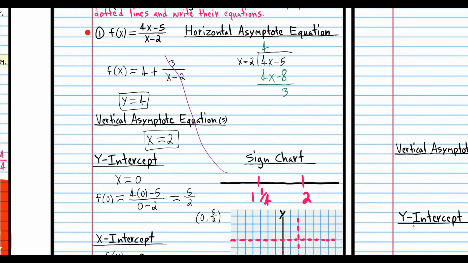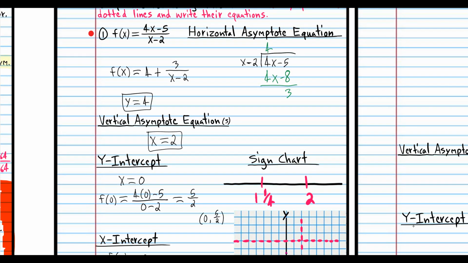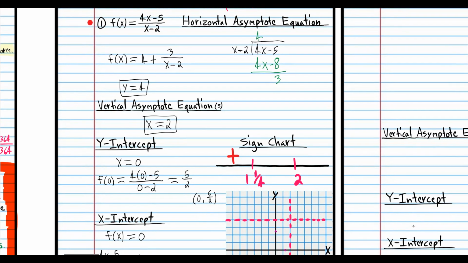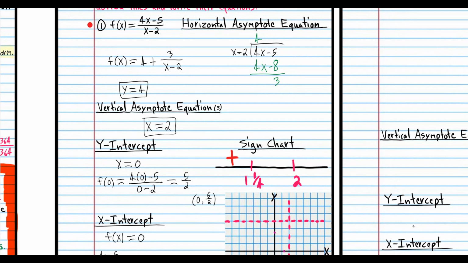and we already did that. We got positive 5/2. So let me find a pen. So here we have the graph above the x-axis, and now let's plug in maybe 1.5 here.